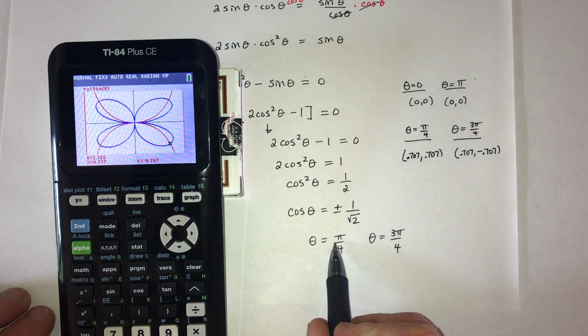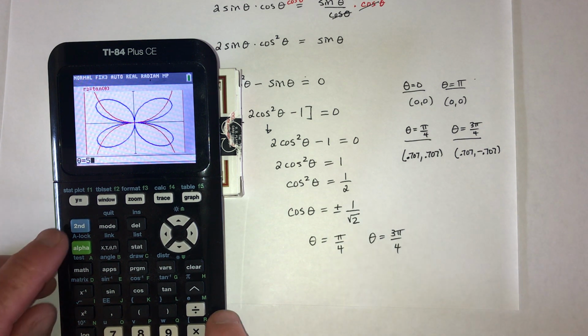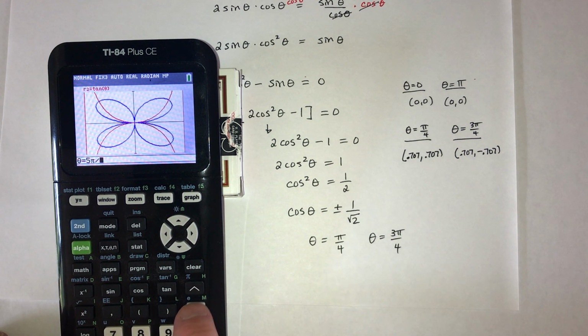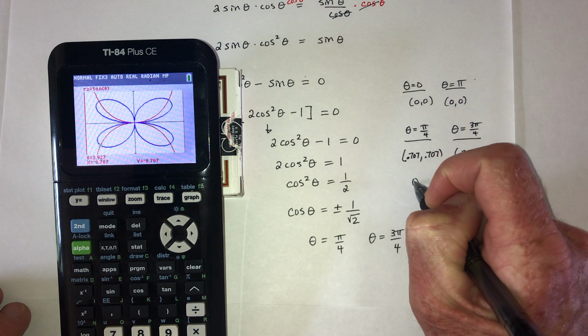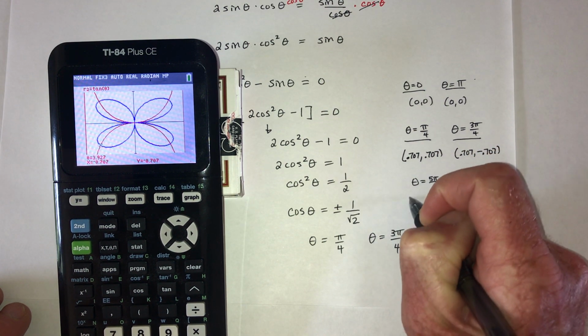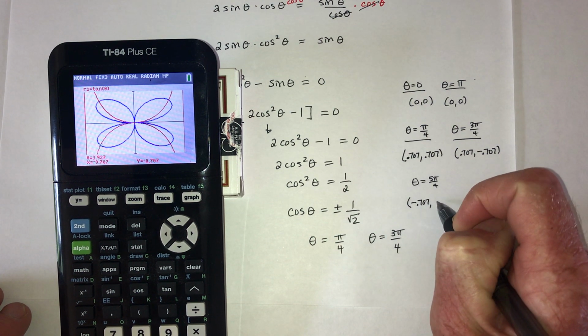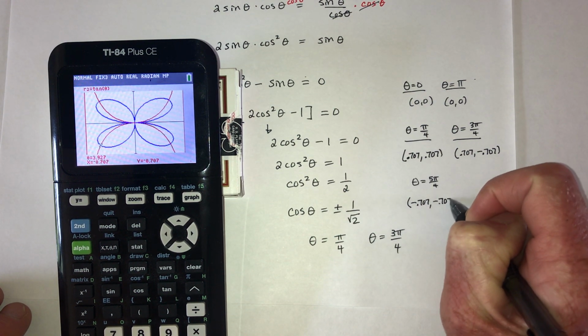Well, if this is 1 pi over 4 and 3 pi over 4, I'll bet you the next one is 5 pi over 4 using odd numbers. So that looks correct. Theta equals 5 pi over 4, and then it's negative 0.707 and negative 0.707.